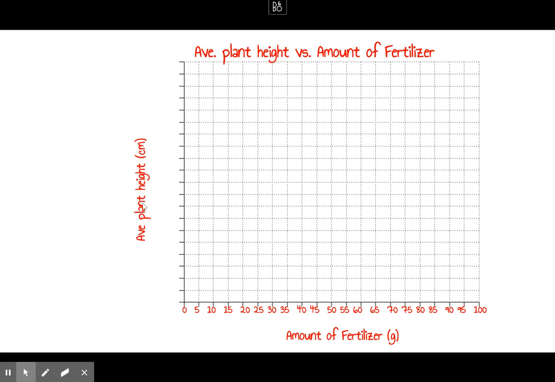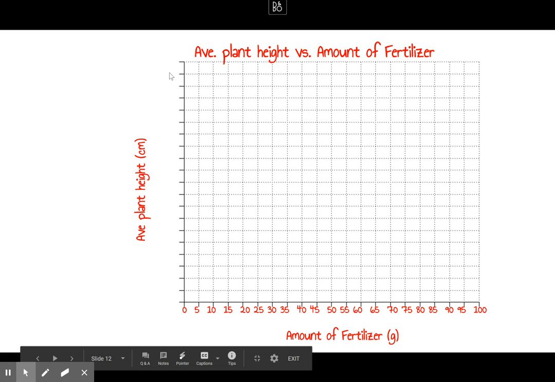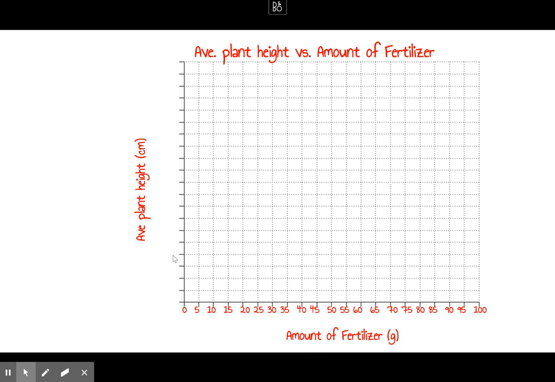And then we have our average plant height, which again has our units, centimeters. Now, what is this graph missing? This graph is now missing having it scaled here. And so another way we could scale it is we could do it exactly by 5s again. So we start at 0, 5, 10, 15, 20, and so on. That could be one way to scale this graph.